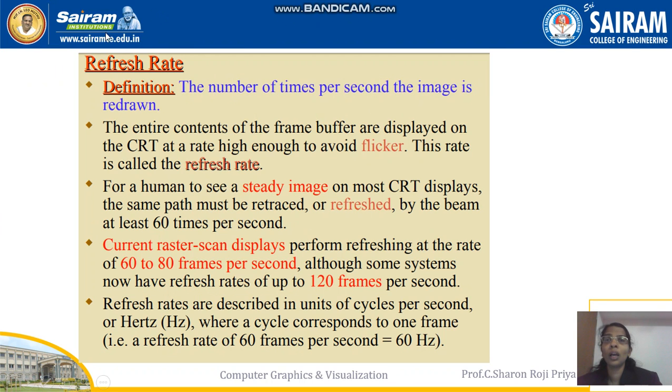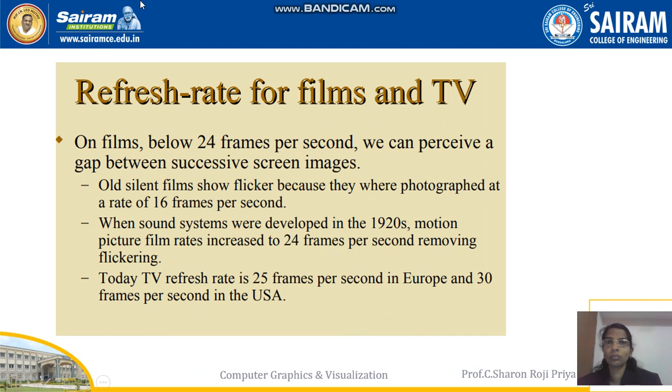And do you know what refreshing is? Redrawing the image in the same position to avoid flickering is known as refreshing. The refresh rate is how many times in a second I am redrawing the image. Usually for films and TV, I have to refresh 24 times per second.